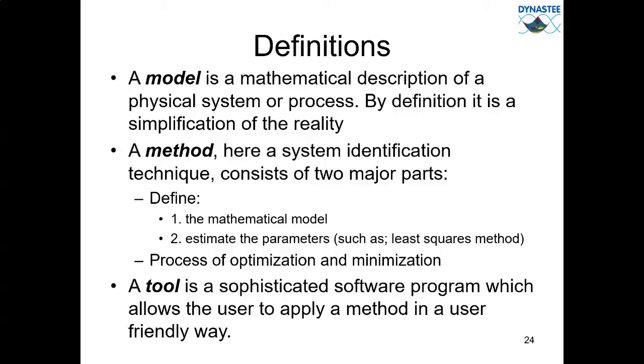And a tool is a sophisticated software program which allows the user to apply a certain method in a user-friendly way. LORD is such an example, and it contains two methods, the output error method and the prediction error method. LORD will be presented by Paul Baker immediately following my presentation.